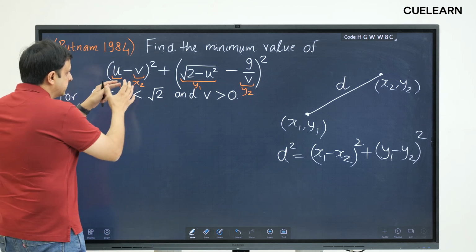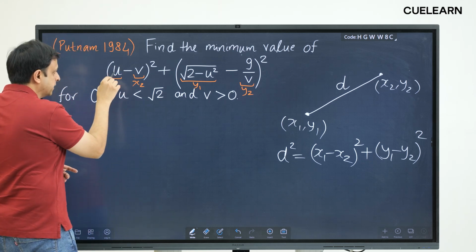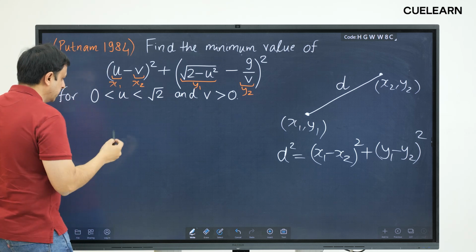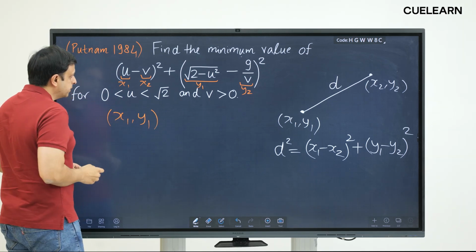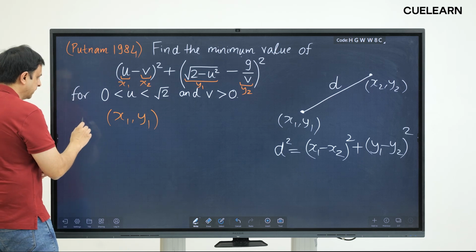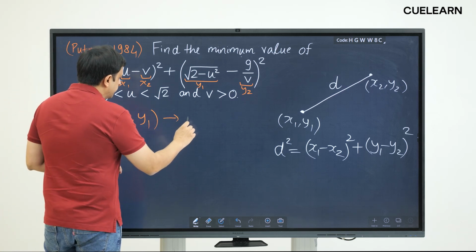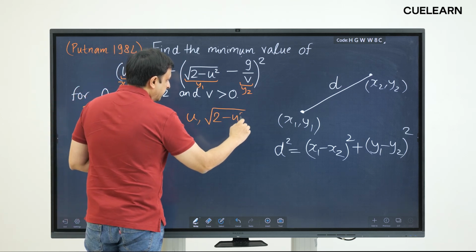And this expression is actually giving me the distance between x1, y1, where x1, y1 is u comma root of 2 minus u square. So let me write this here.